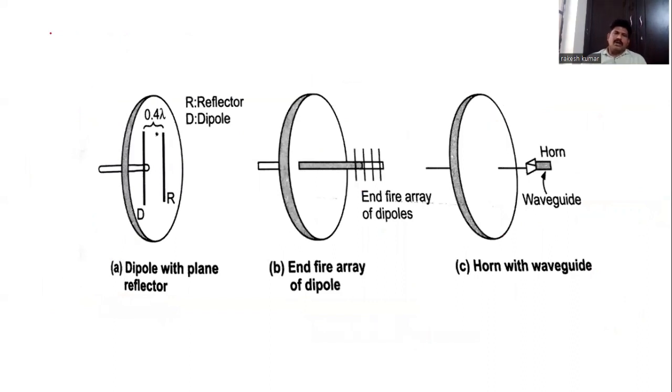I have already told you the various forms of feeding techniques for any reflector. You can use a primary antenna. For any reflector antenna, the primary antenna may be a horn antenna, a group of dipoles, or a single dipole.